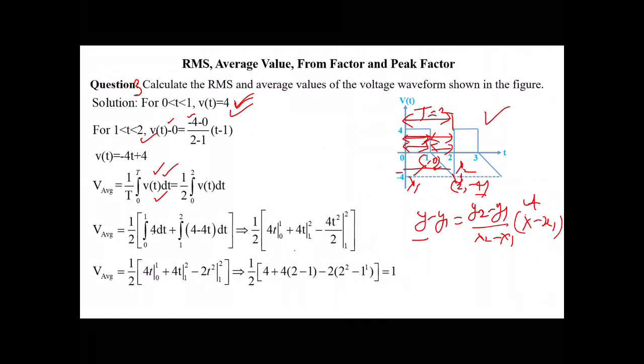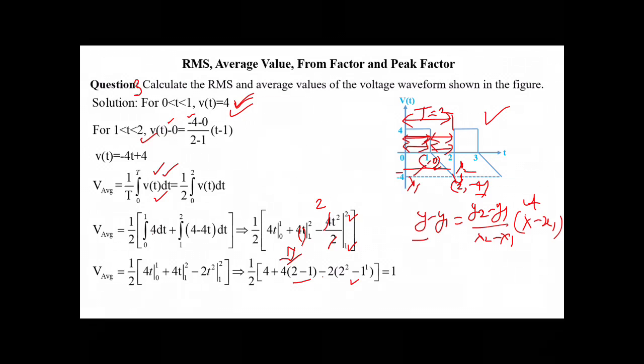We get V average equals 1 upon 2, 4 plus 4 into 2 minus 1, because here is t, so 2 minus 1, minus this will be cancelled out by 2, so 2 inside the small bracket, 2 square minus 1 square, because we have substituted the limit. So t equals 1 and 2 we have substituted here.